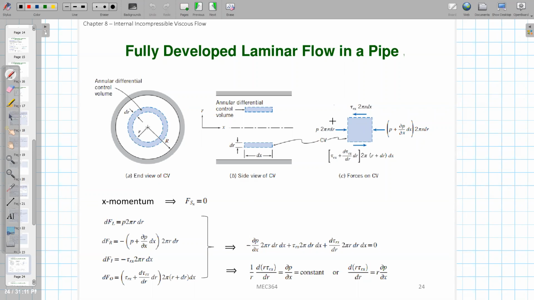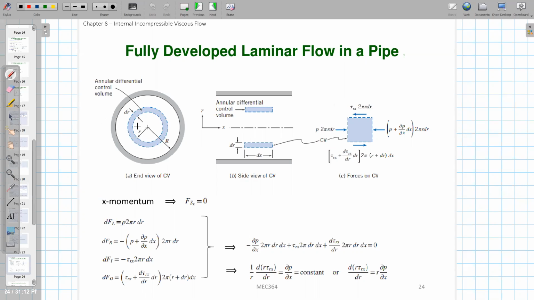Another thing you need to realize is that when you convert the pressure stress, the tau stress, to force, you need to multiply by the area of the surface. In these cases, on the left and the right side, that area is this annulus area. That's the reason you need to multiply by 2 pi r. What is 2 pi r?